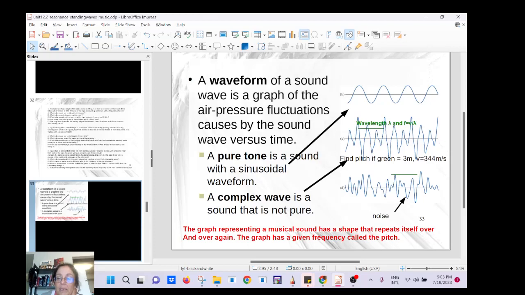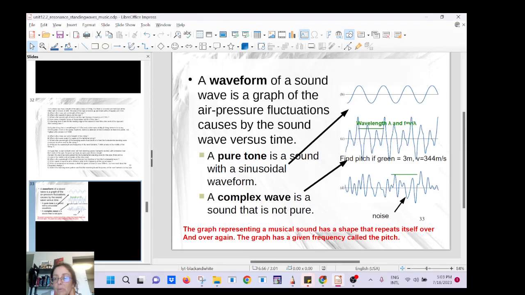The pitch will be given by the fundamental, and then the other frequencies that you add up, so the overtones, will give you the quality of the note, right? So the timbre.